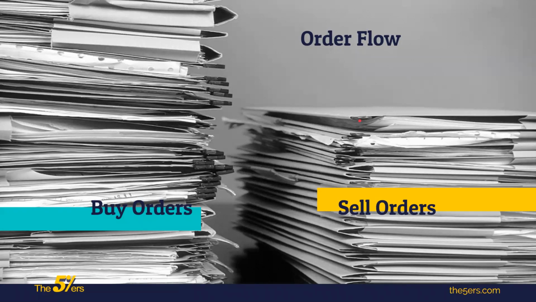So the exchange will match these orders. They'll take this pile and match it with this one, and it will create a deal. And then this one with this one, and they create a deal. Eventually the sell orders in this example will be empty, and all these orders will be leftovers.